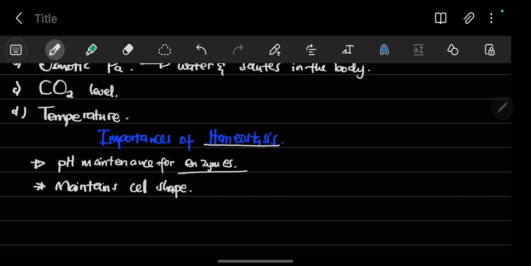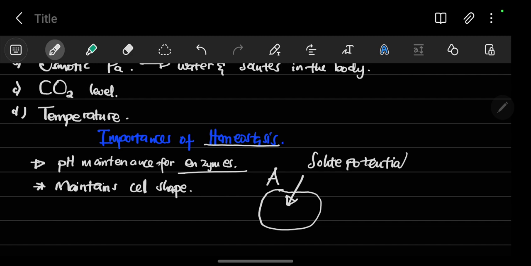Because, for example, if we have an amoeba, or let me say cell A, our cell A. If we put this cell in, maybe if it has a certain degree of solute potential, maybe we say that cell is more concentrated compared to our dilute water in a beaker.